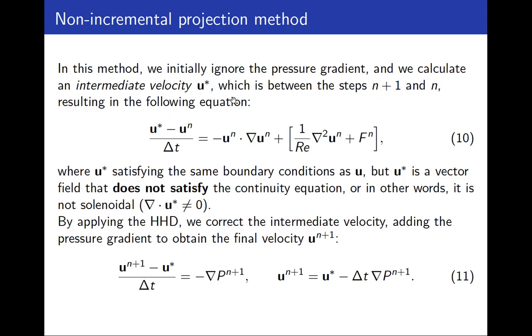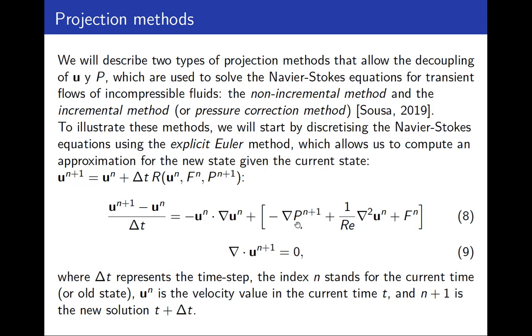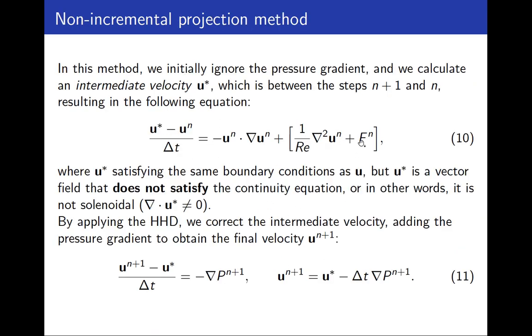If we use this intermediate velocity, we derive a Navier-Stokes equation for this U star. So we end up with this equation, equation 10, remembering that we are ignoring the pressure gradient term. The other terms remain the same.